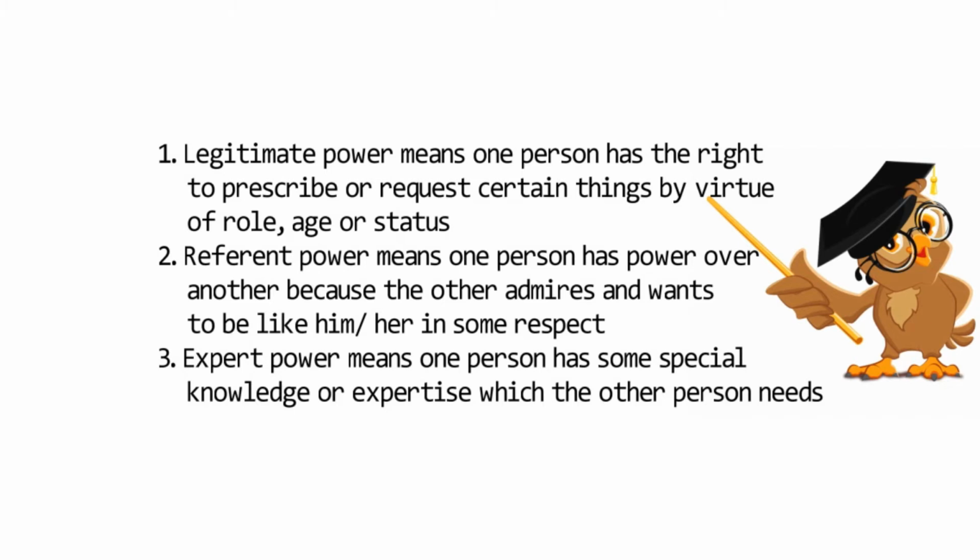Referent power means one person has power over another because the other admires and wants to be like him or her in some respect. And the last, expert power: in this case, one person has some special knowledge or expertise which the other person needs.